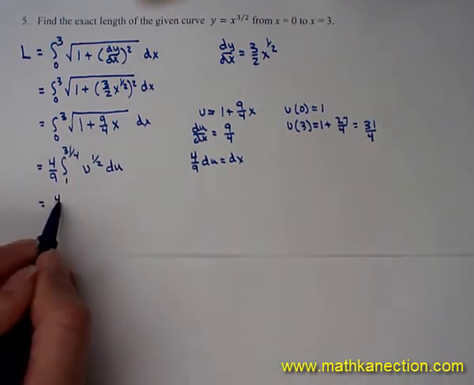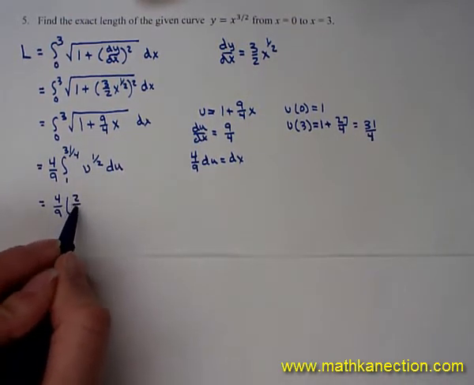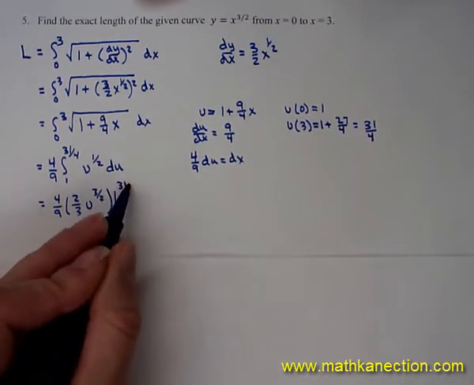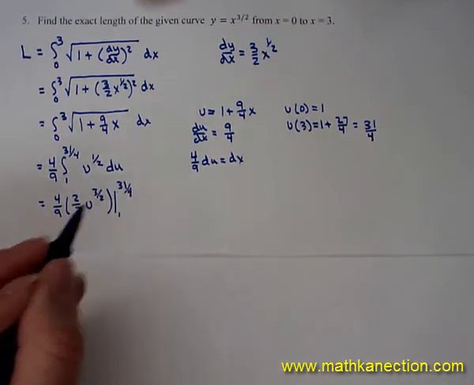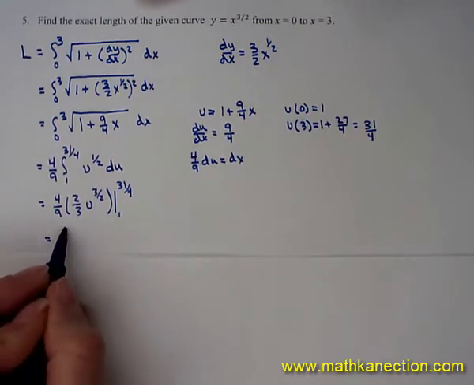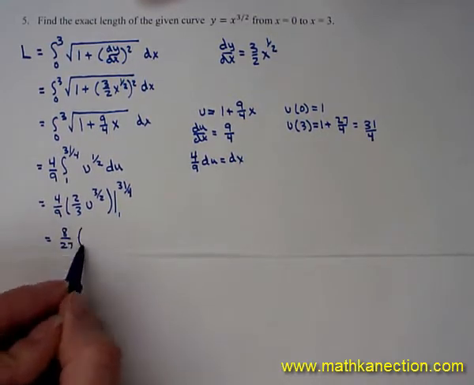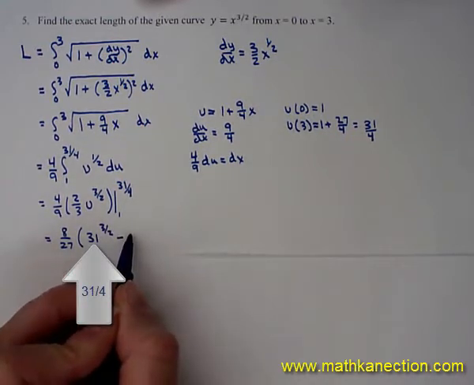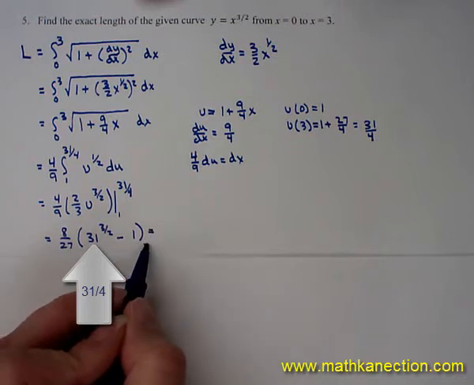Anti-deriving to get 4/9 times 2/3 u to the 3/2 from 1 to 31/4. Following the fundamental theorem of calculus, simplifying the coefficient, we get 8/27 times (31/4 to the 3/2 minus 1).